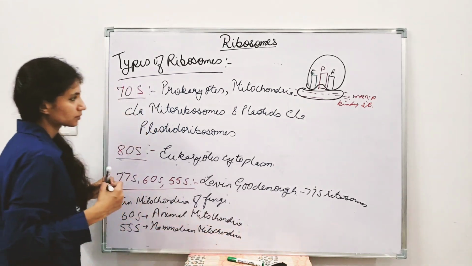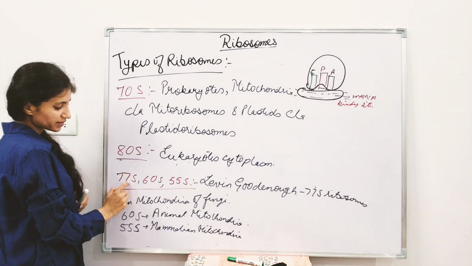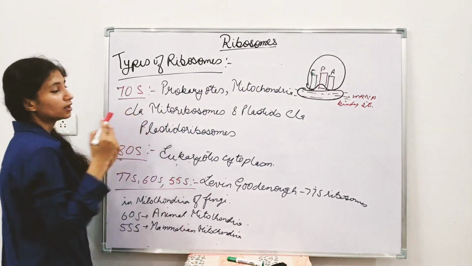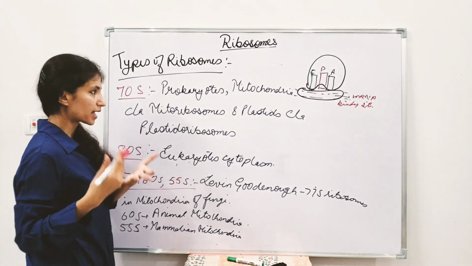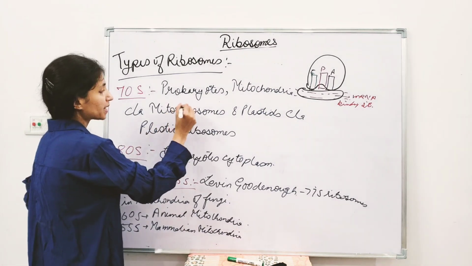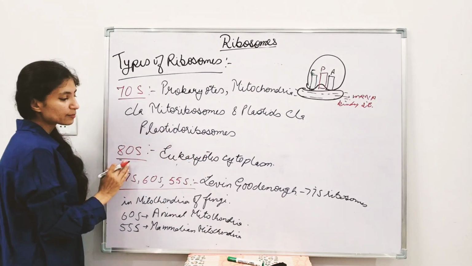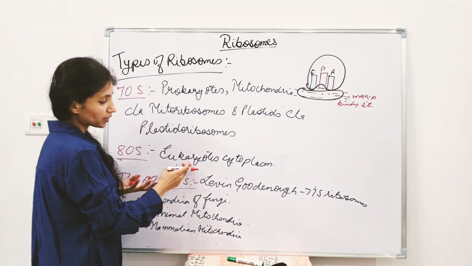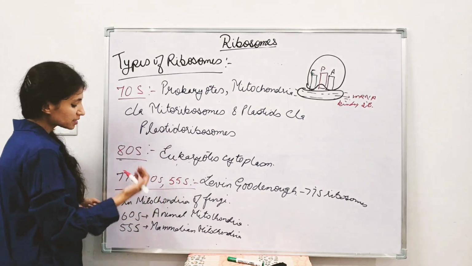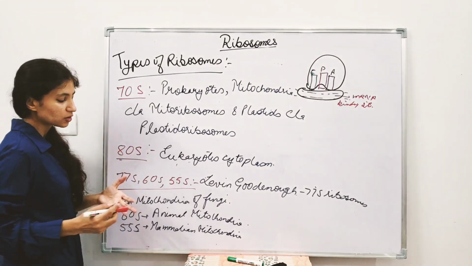So we have seen the types of ribosomes: 70S, 80S, 77S, 60S and 55S. The 70S is found in prokaryotes, in the mitochondria of all organisms, called mitoribosomes, and in the plastids of plants, called plastidoribosomes. The 80S ribosome is the characteristic feature of eukaryotic cells, found only in the eukaryotic cytoplasm. The 77S, 60S and 55S ribosomes are found in different organisms.